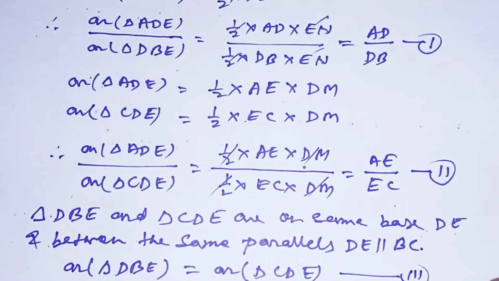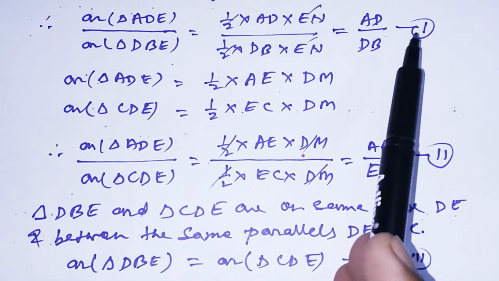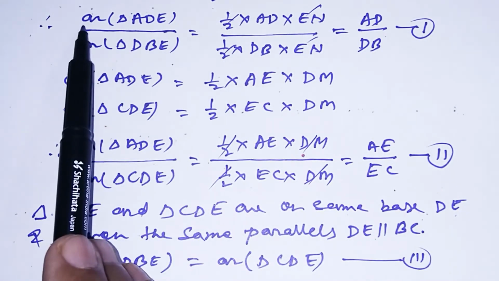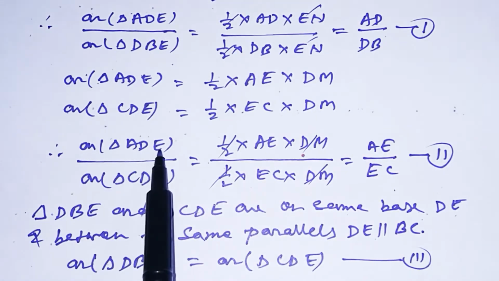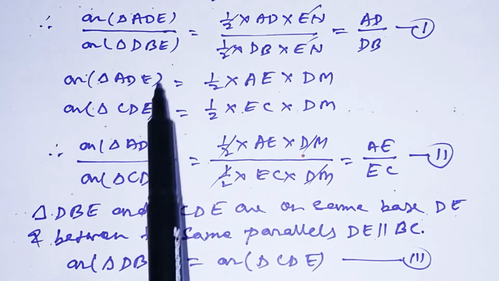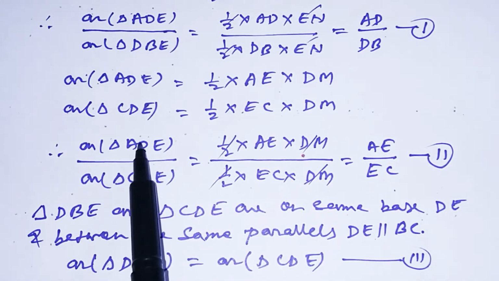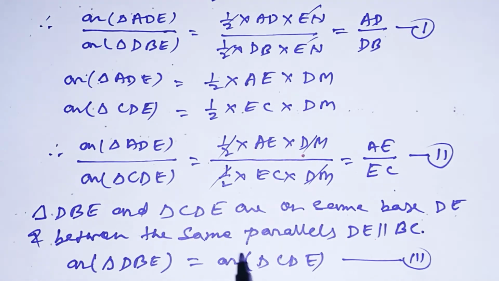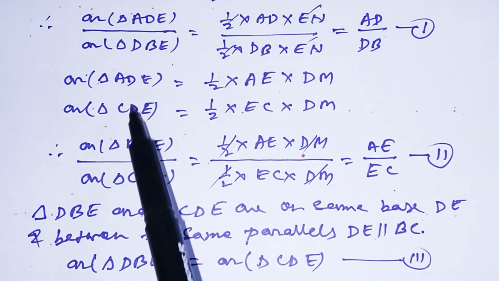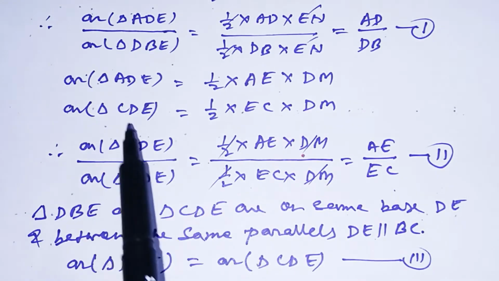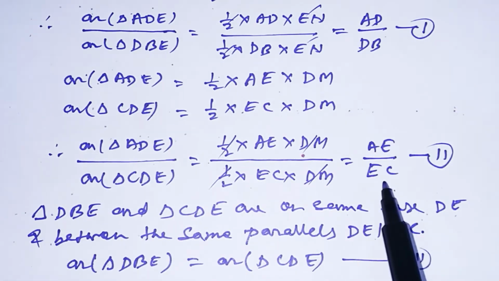Now compare the three all together. Here are number 1 and number 2. Here on the left side, the numerator is ADE, and the denominator is DBE in one and CDE in the other. The area of the numerator is the same, and if you consider the third one, then the area of the denominator is also the same. The numerator is same, denominator is same, means the fractions are same. If LHS is same, then RHS also will be equal.